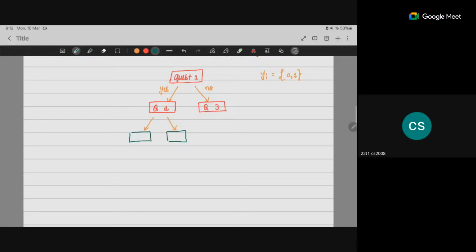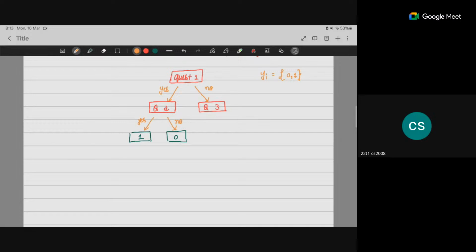If the majority is one class, I put it as 1, otherwise something like this. So this is the structure of the tree, and in this tree, what are some of the parameters that we see? We will want to come to that.